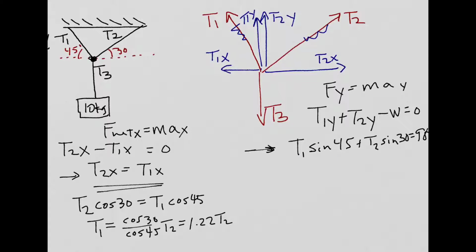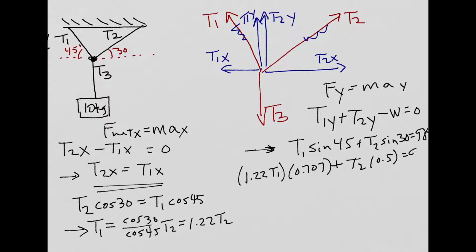Now we can use this equation for T1 in the equation on our right here and substitute. So this becomes 1.22 T2 times the cosine of 45, which is 0.707, plus the sine of 30, which is 0.5.